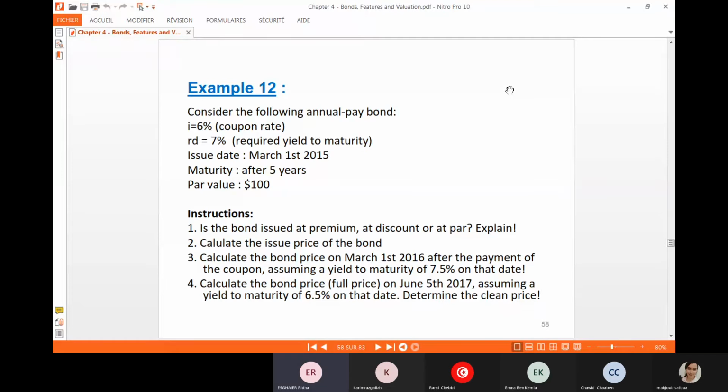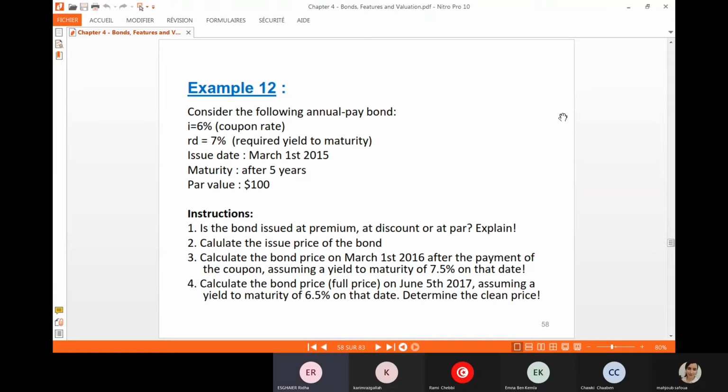So 1 year after the issuance of this bond, after the payment of the coupon, the value after receiving the coupon, when we eliminate the coupon, would be a clean price, a price without the coupon, assuming that the yield to maturity is 7.5% on that date.